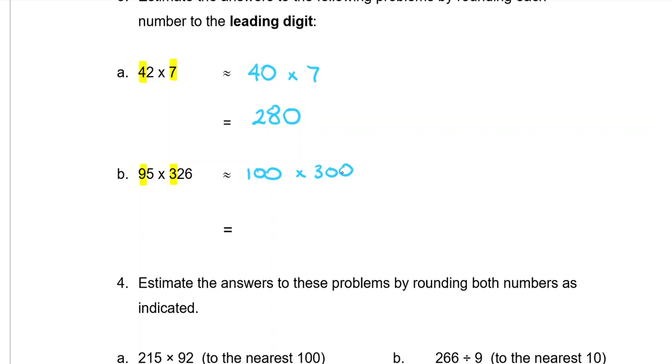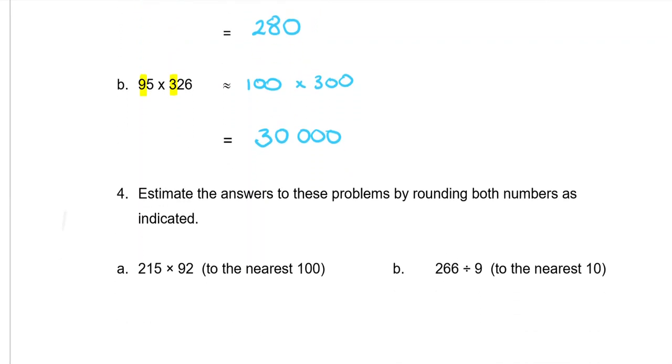So I have 100 times 300. Just like last time, ignore all the zeros. 1 times 3 is 3. And then the 4 zeros, you just put them afterwards. 1, 2, 3, 4 zeros. So it is 30,000 is my answer.